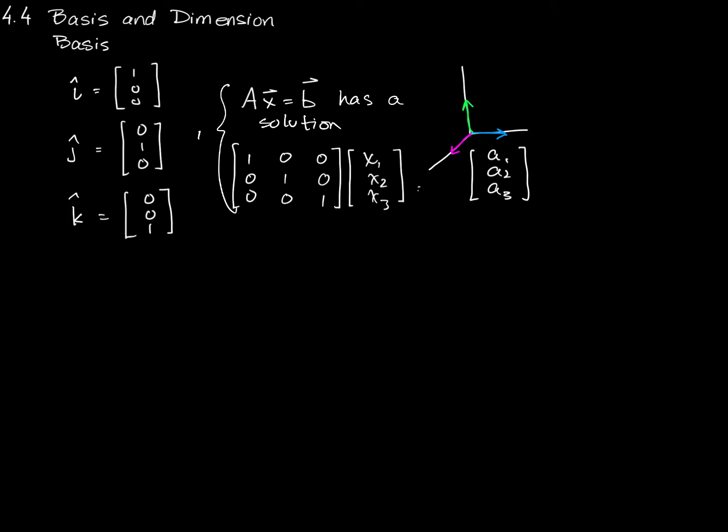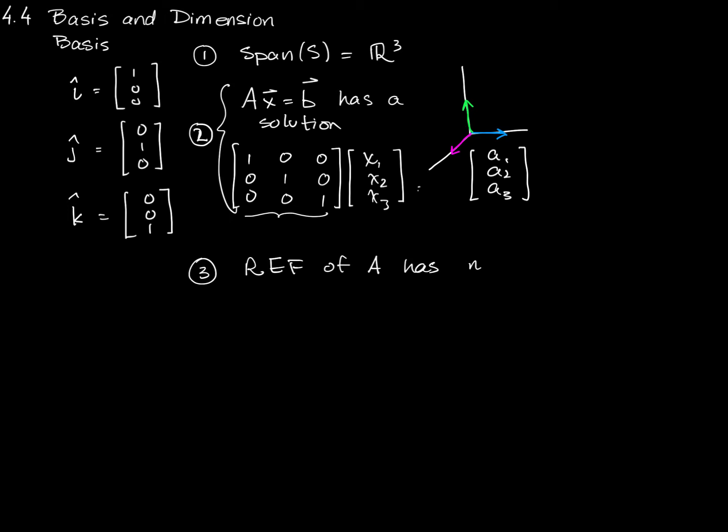Statement 1 was that the span of the set, I'm just going to call my set S, is equal to, in this case, R3. And statement 3 was that the reduced echelon form of A, where this is A, has no 0 rows.